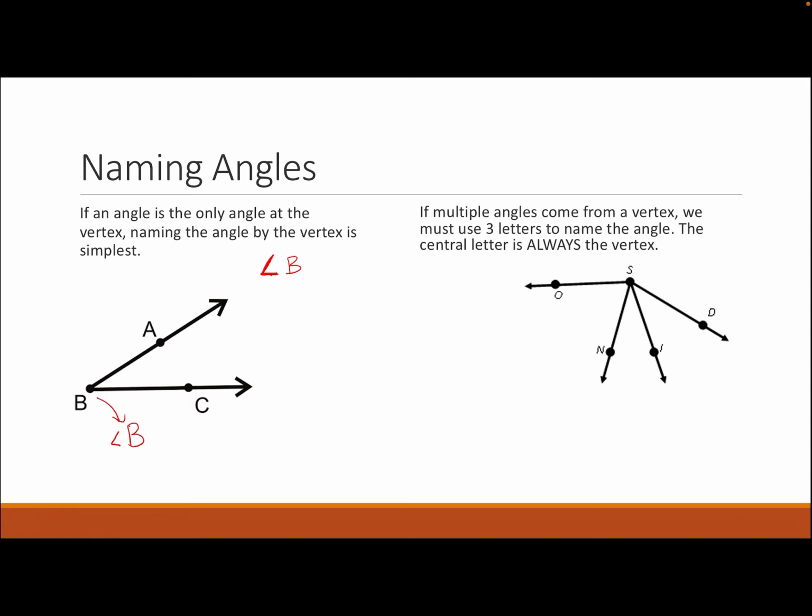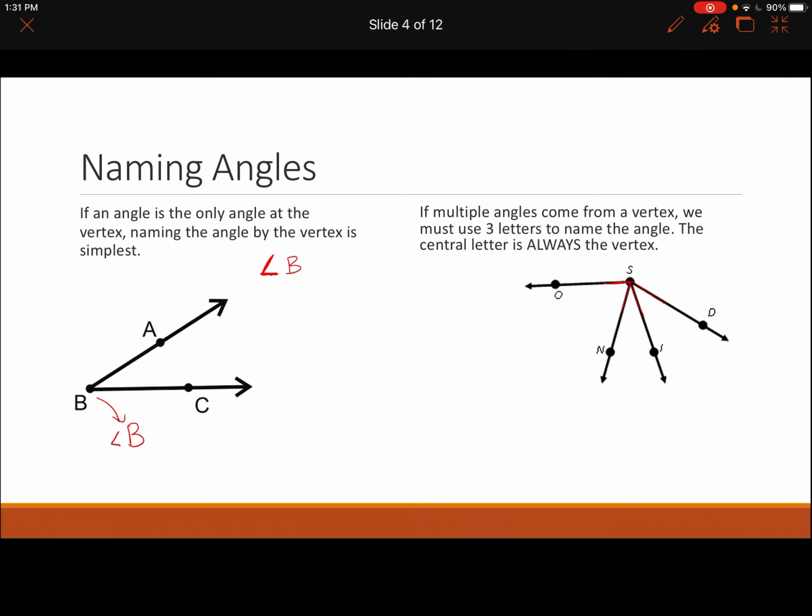That's how we name an angle where we have only one angle coming from the vertex. If we have multiple angles coming from the vertex, we have to use 3 letters to name the angle. In the picture on the right, if I told you we had angle S, you wouldn't know if I was talking about this angle, or maybe that angle, or maybe even that angle.